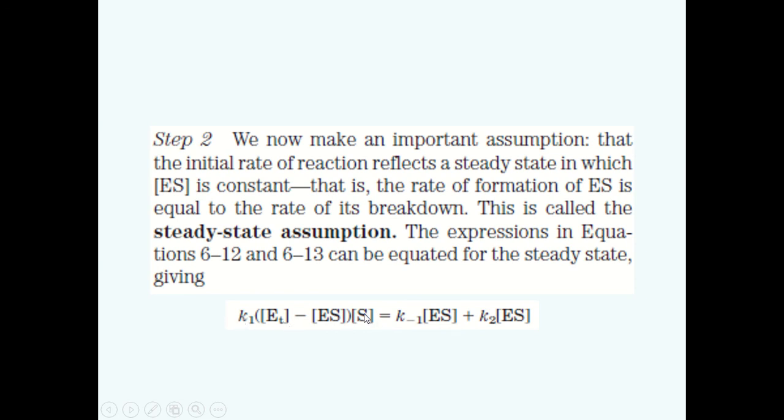So this part shows the rate of formation, K1 times free enzyme times substrate, equals K minus 1 ES, which is the reverse reaction, and K2 ES, which is the forward reaction. So these two parts show the rate of breakdown, and this shows the rate of formation of the enzyme substrate complex.